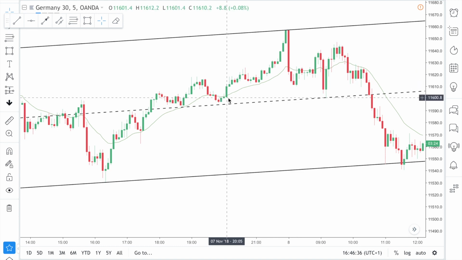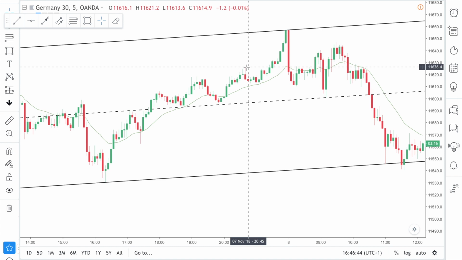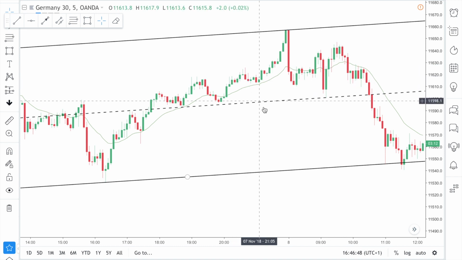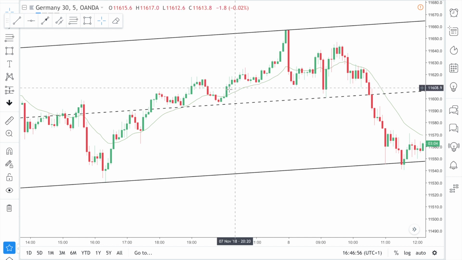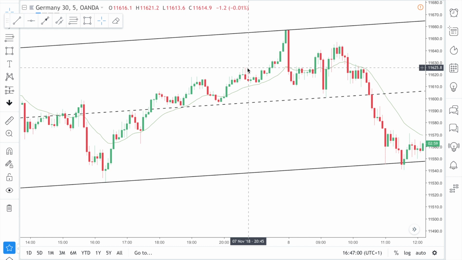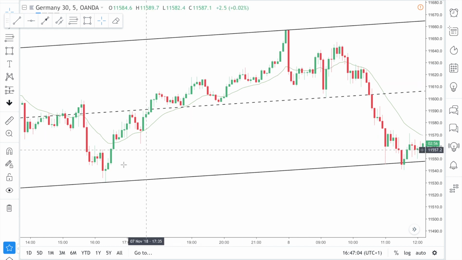If you're looking for when a move is over, for instance here you got the spike, and then the channel, and the third push around here, then you get a reversal bar. Potentially this is going to go down. It didn't in this case, but probability is higher than if you try to go short in here before the pattern had completed, before the 3 legs had completed.